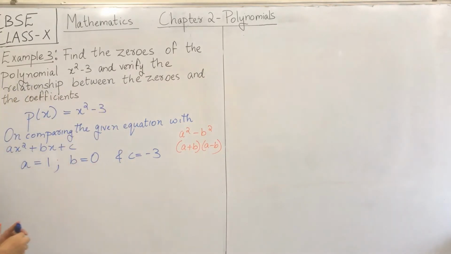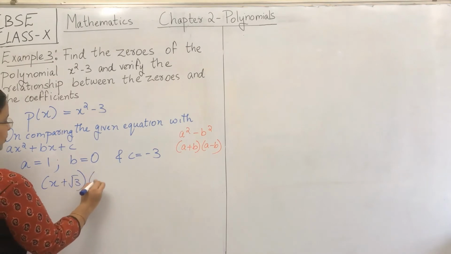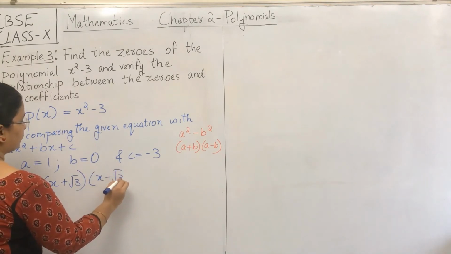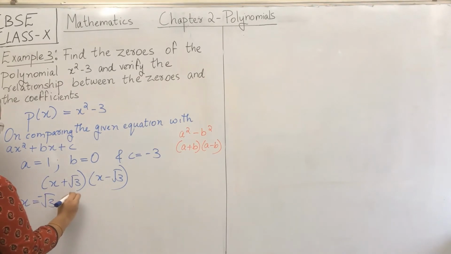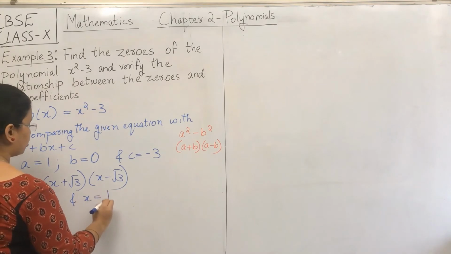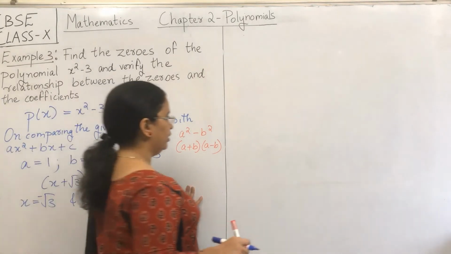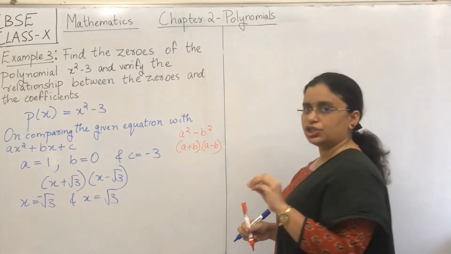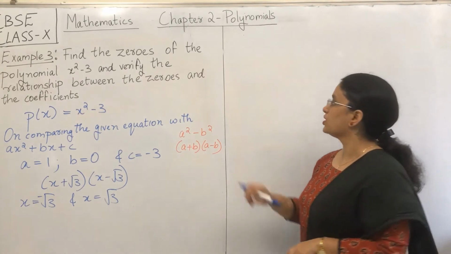So here we can write this as x plus root 3 into x minus root 3, and we got the zeros, that is x equal minus root 3 and x equal plus root 3, right? Now we can verify the relationship between the zeros and the coefficients.